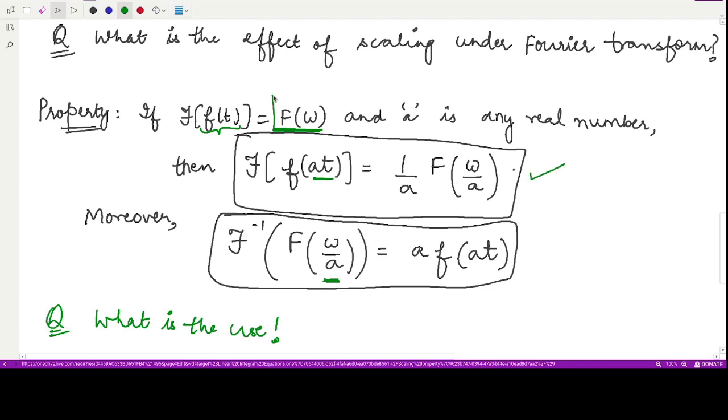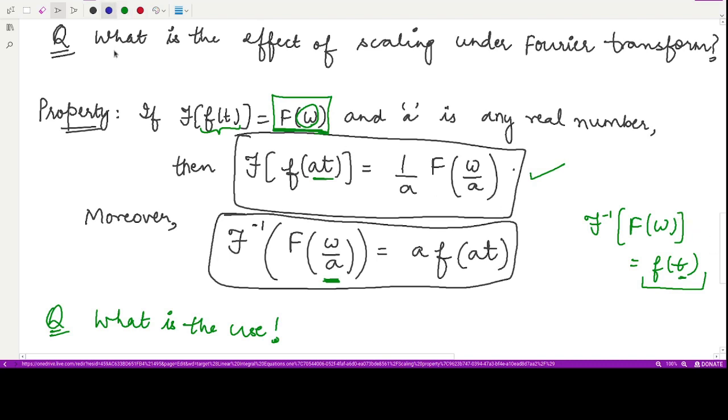Whatever result you have for the unscaled version of the function, you just replace omega by omega by a. Or in the inverse case, if you already know the inverse Fourier transform of capital F of omega is f of t, then we can replace this t by at. So that is the use.